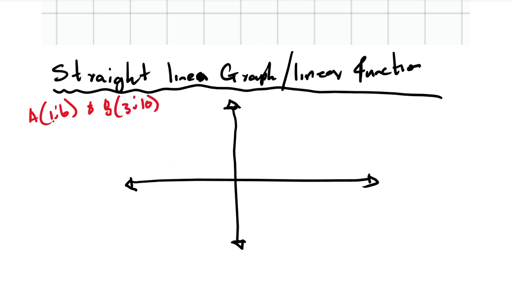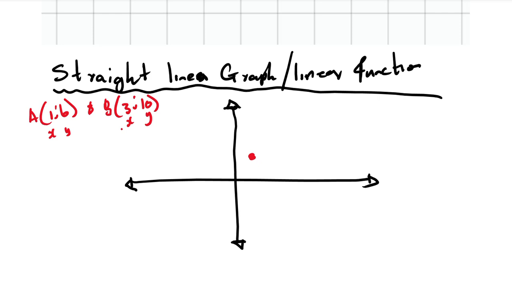Since we know that the first coordinate is for x and the second is for y, here is x and here is y. On the x-axis we will have 1 somewhere here, and then maybe 6 here. It is not drawn to scale, just for you to understand.